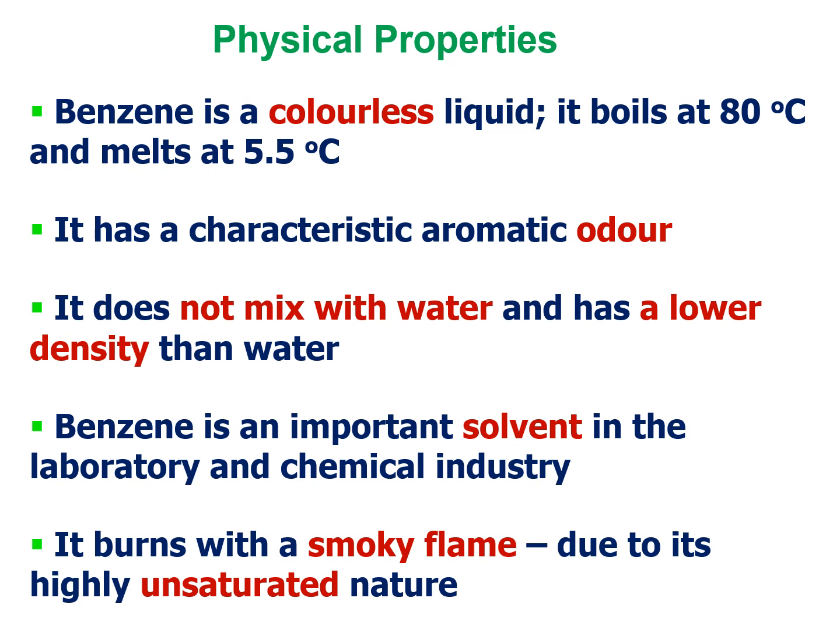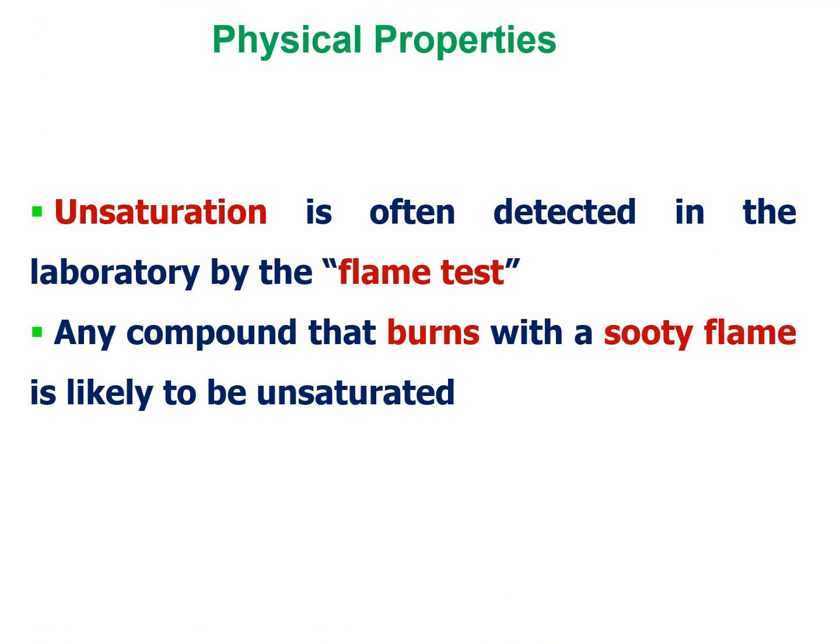Because it's an unsaturated system, we can validate its unsaturated nature using flame tests. In the laboratory, when an unknown compound is given and you want to validate whether it's unsaturated or whether it's benzene, doing unsaturation tests, we are going to use a flame.